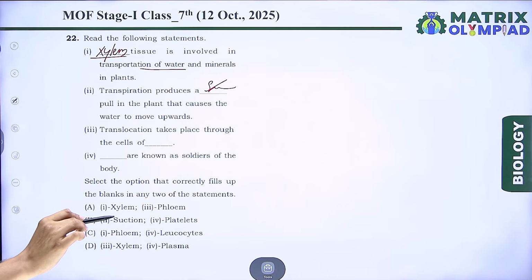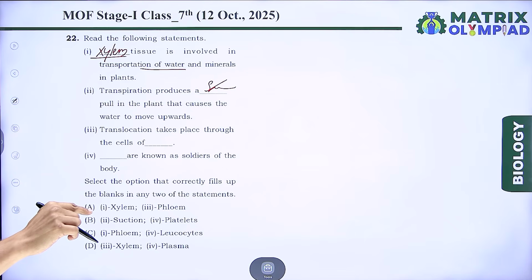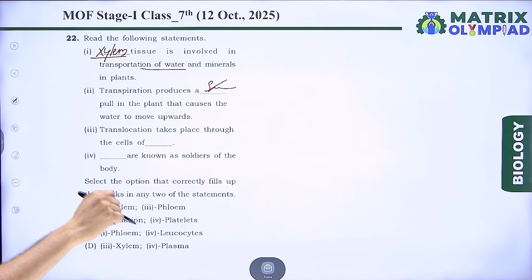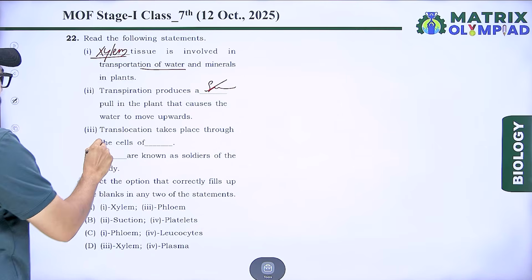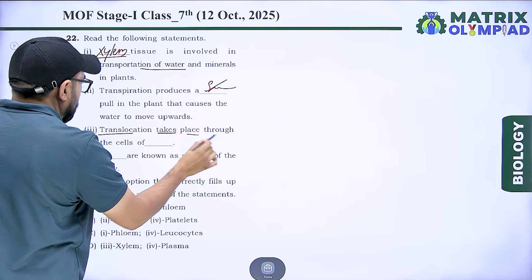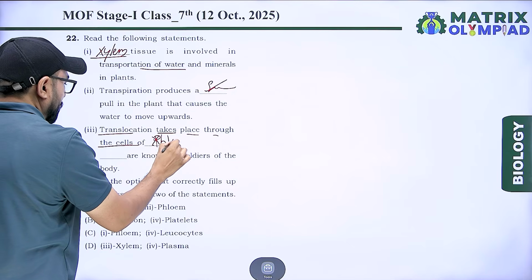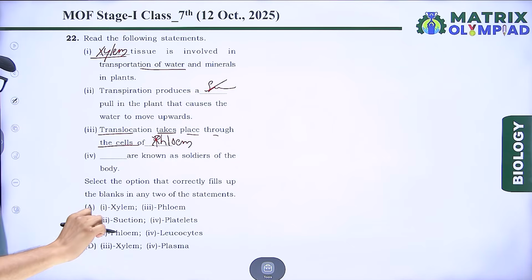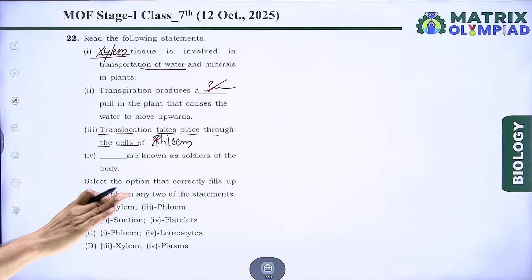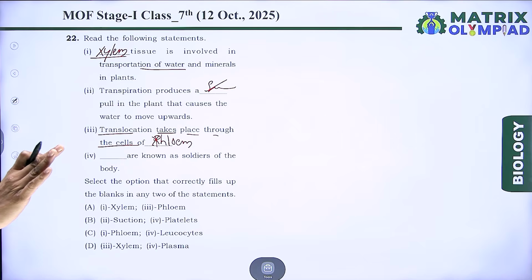Next, translocation takes place through the cells of dash. Translocation takes place through cells of phloem. And next, dash are known as soldiers of body.